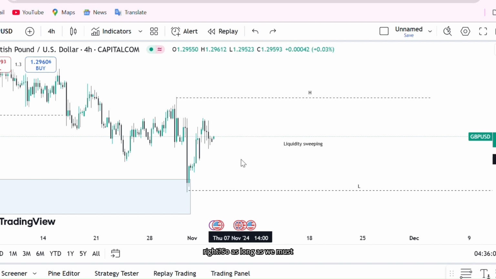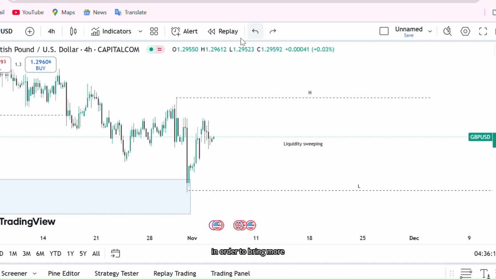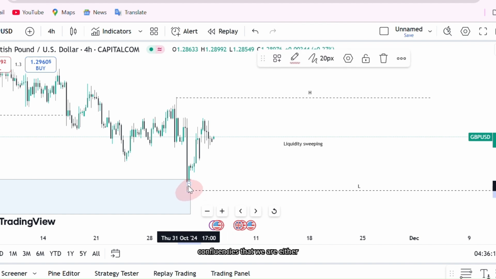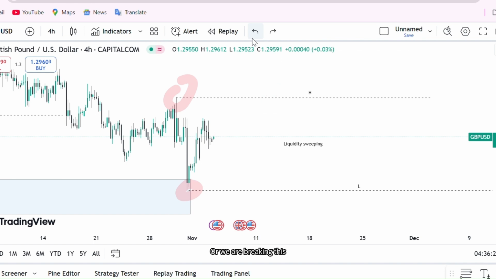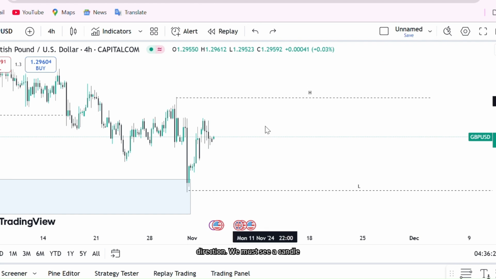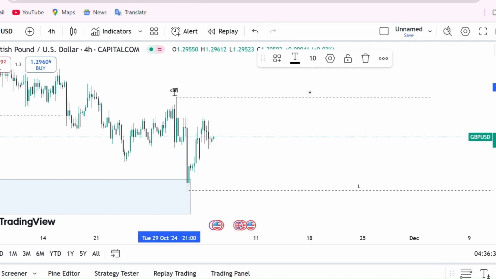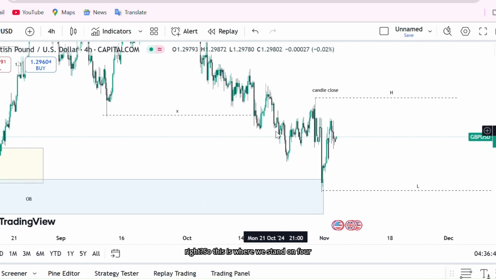So we must see the candle closing above this high in order to bring more confluences that we are either breaking this high, or we are breaking this low and continuing to the downside direction. We must see a candle close, right? Not a wick. Remember, a wick is simply a liquidity sweeping, right? So this is where we stand on 4-hour time frame.